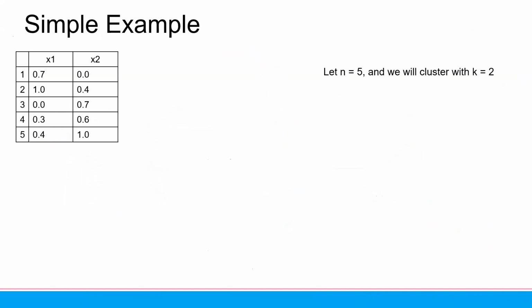Now I know that n equals 5, and let's suppose k equals 2. K equals 2 means I want to make 2 clusters. So how can I make it?